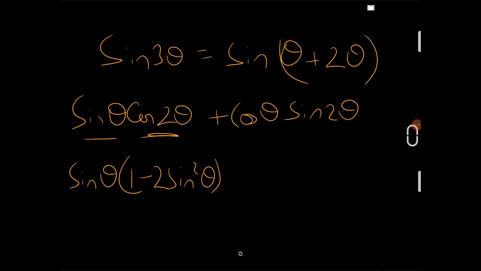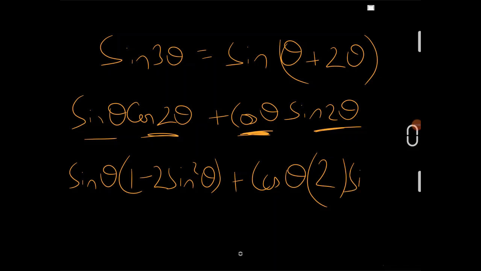Okay. Cos theta, this also I need to bring in sine theta form. How to do that? Sine 2 theta, I can write it as 2 sine theta cos theta.